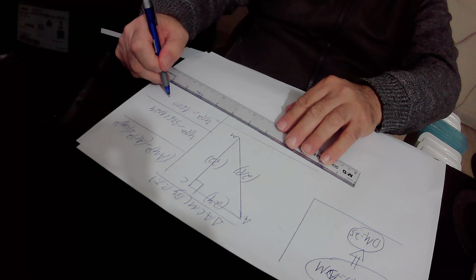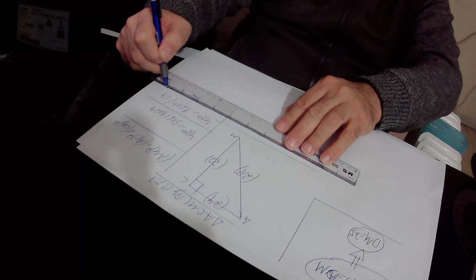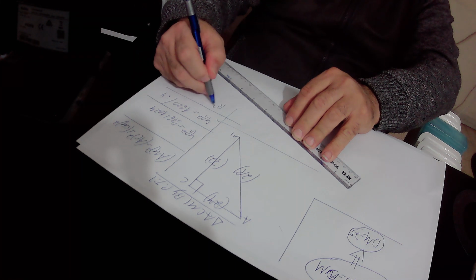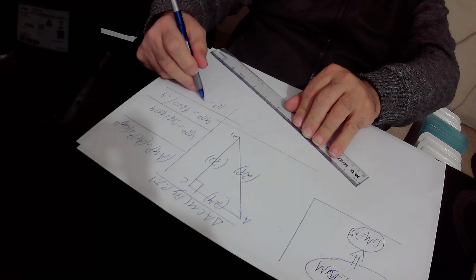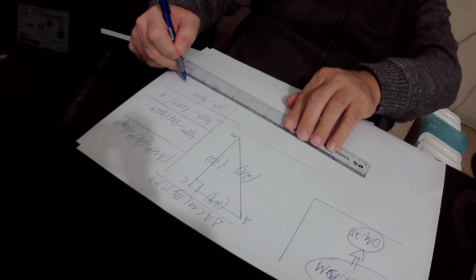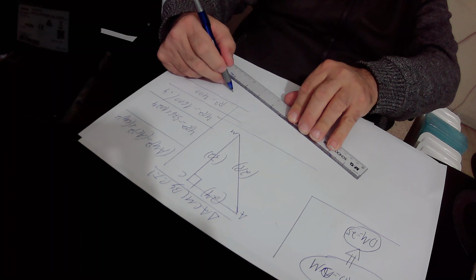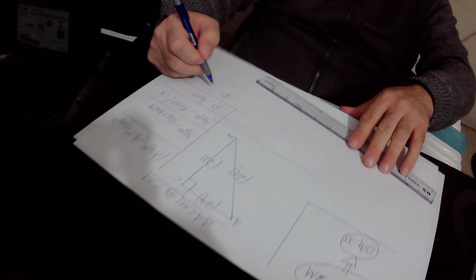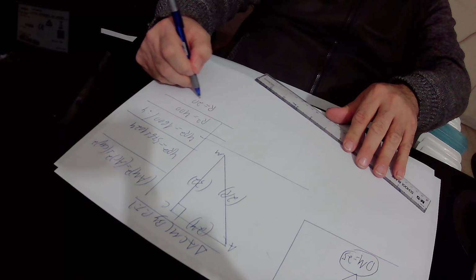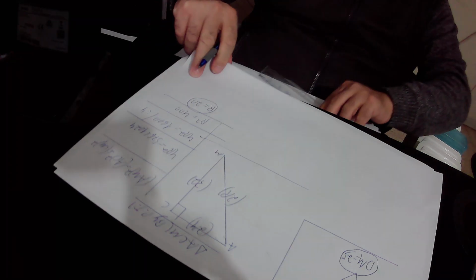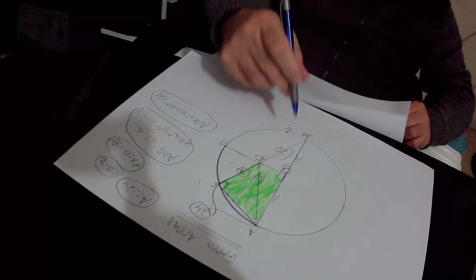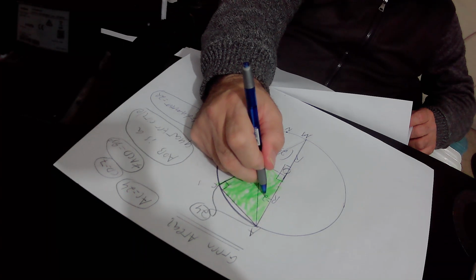Here we divide this equation by 4, and we get that R squared equals 1600 over 4, which is 400. Here we take the root, and finally we get that R equals the square root of 400, that is 20. So we found that the radius of this circle R equals 20 units in length.